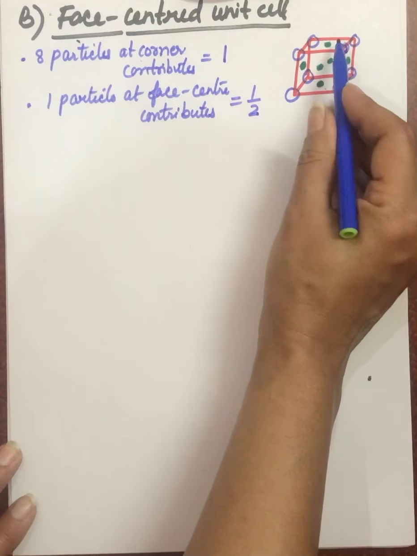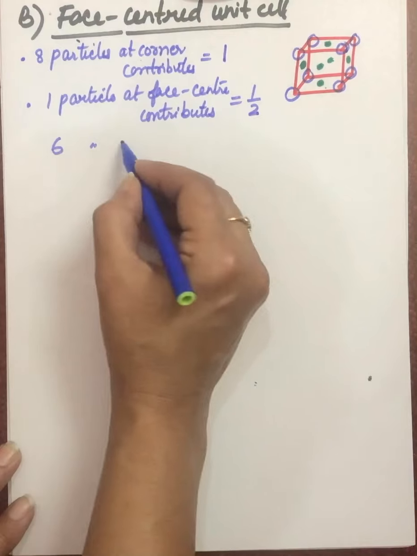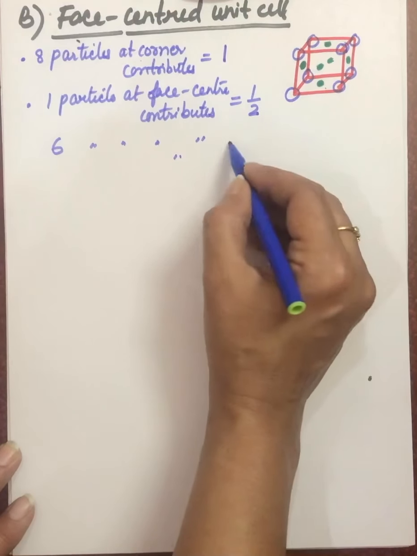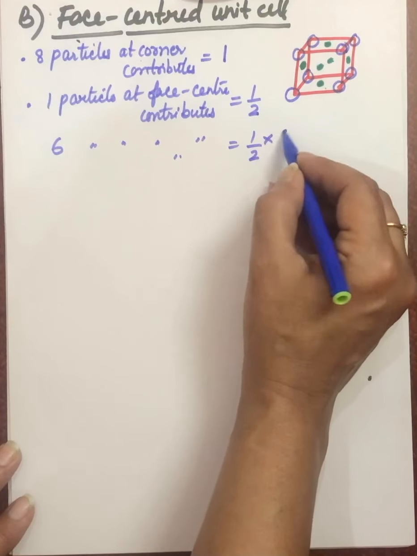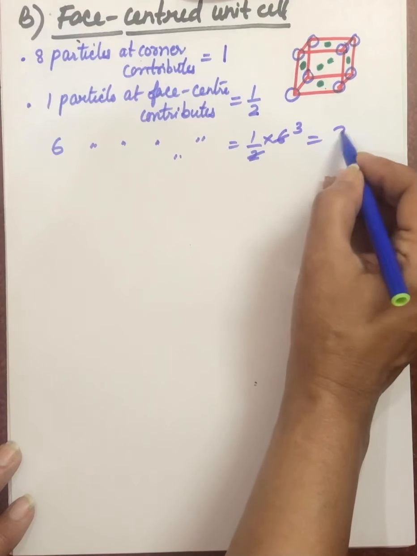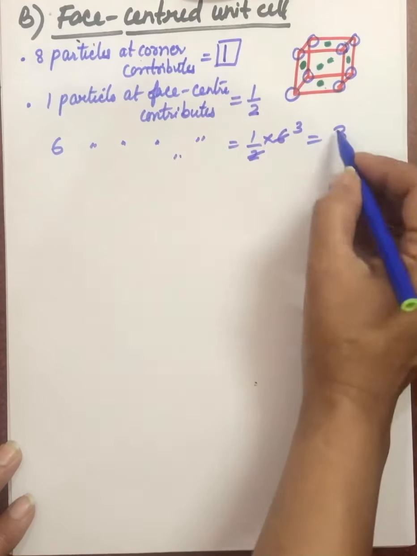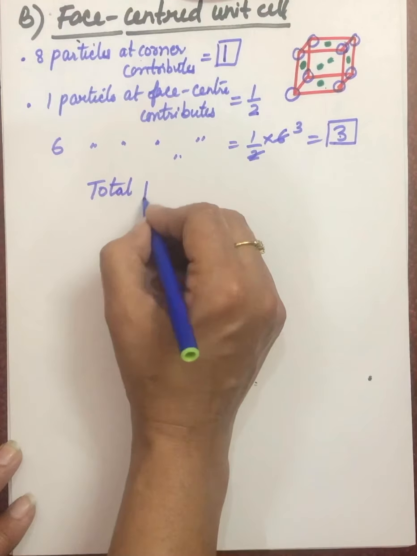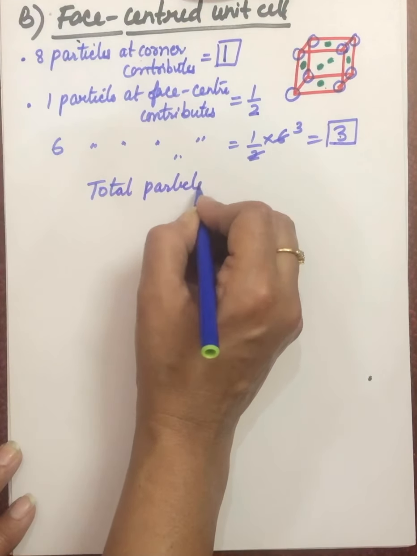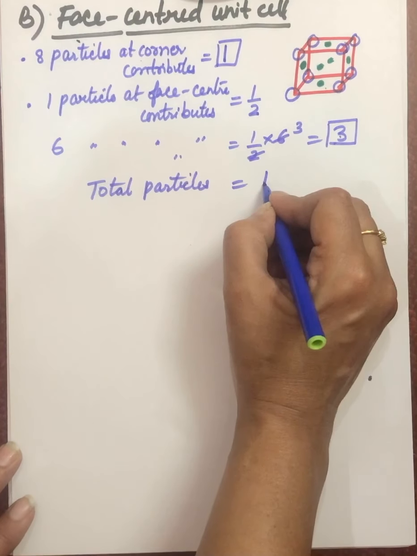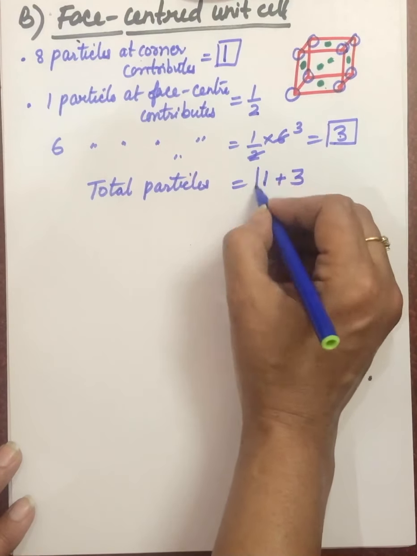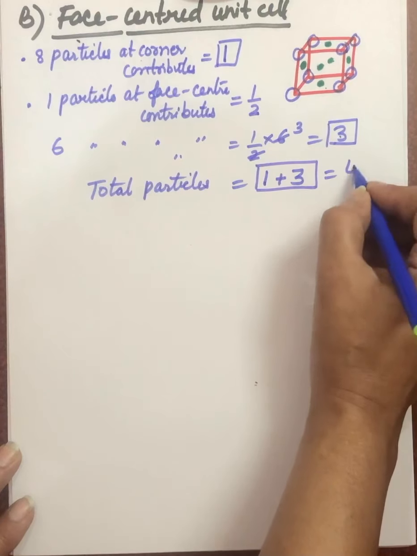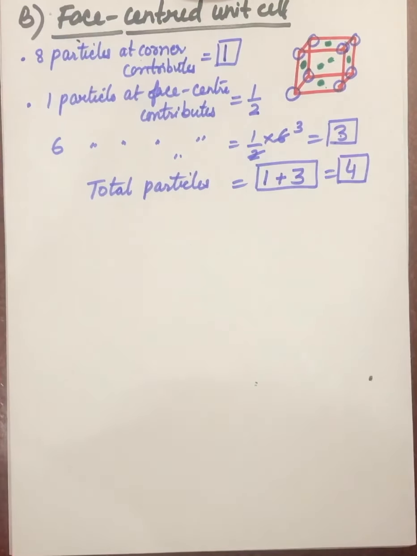But how many face center particles are there? 6. So a total of 6 particles at face centers contributes 1 by 2 into 6 equal to 3. So 1 here, 3 here. Total particles in a face centered unit cell are 1 because of the corner ones, 3 because of the face center ones. So this is equal to 4. In a face centered unit cell, there are actually 4 particles.